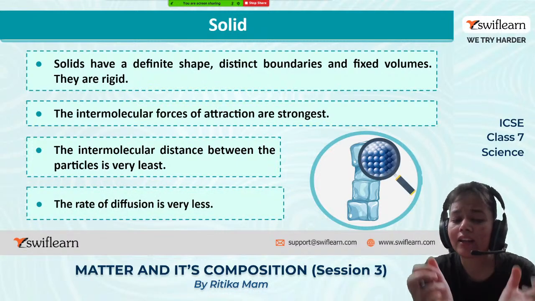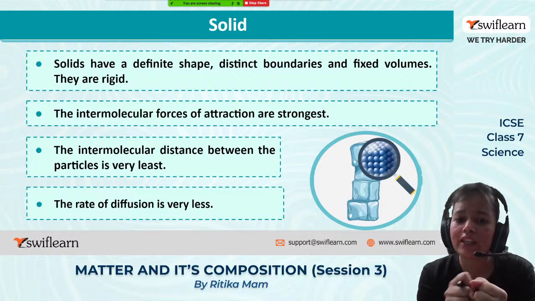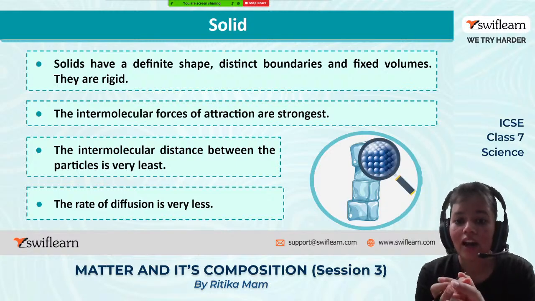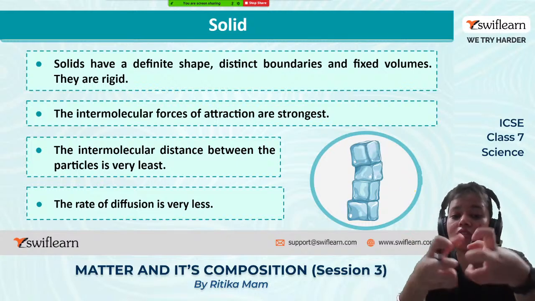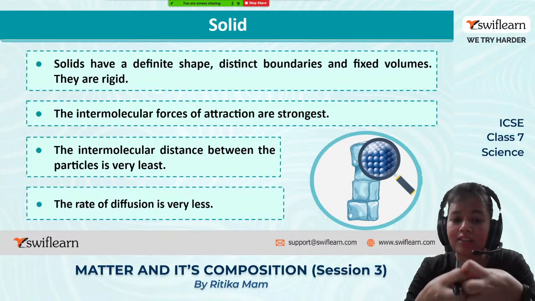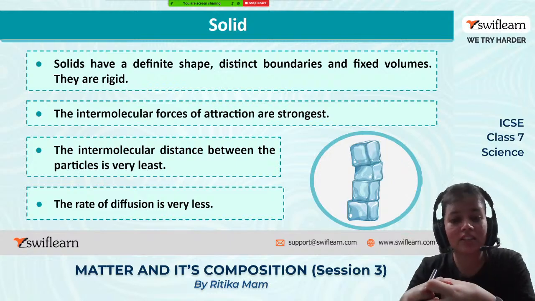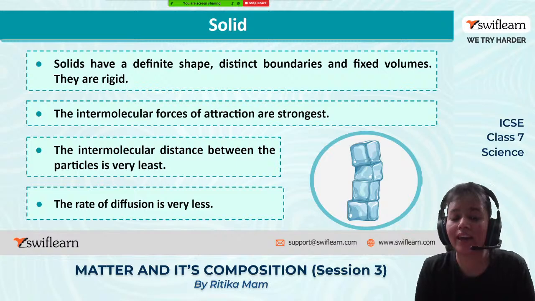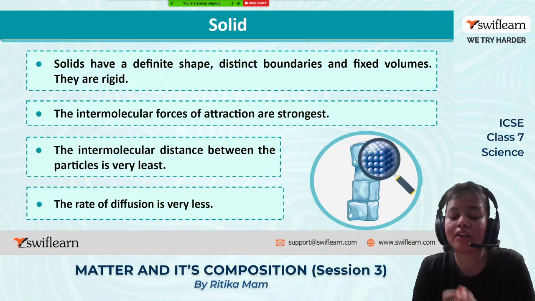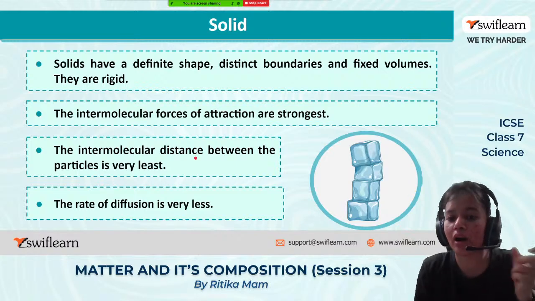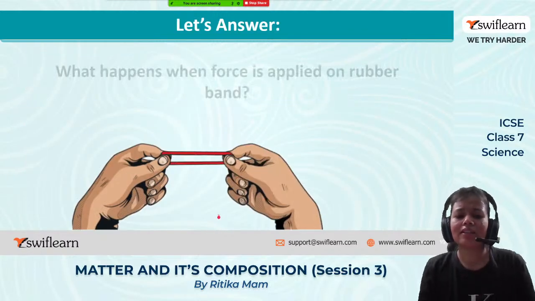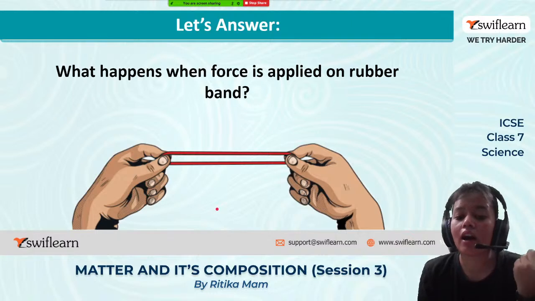If the particles are holding each other very tightly, they cannot be flowing here and there, right? अगर particles एक दूसरे को जकड़े हुए हैं, पकड़े हुए हैं tightly, तो जो molecules हैं, they cannot be running away, they cannot be flowing away, and hence solids have got a definite shape, distinct boundaries and fixed volumes.